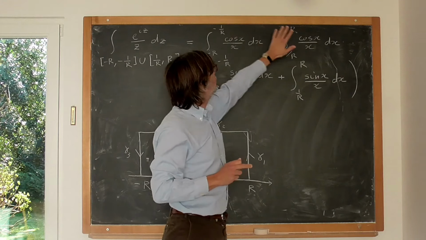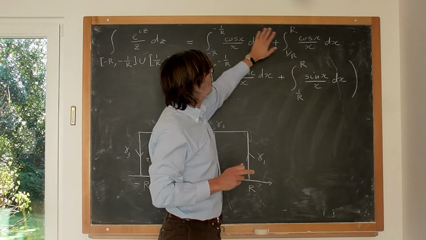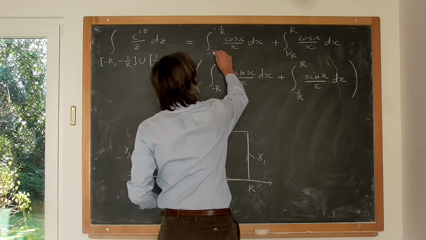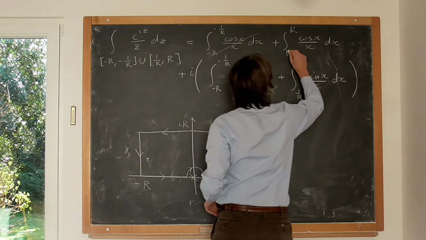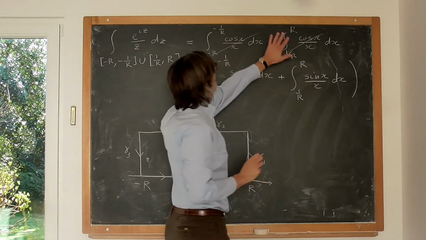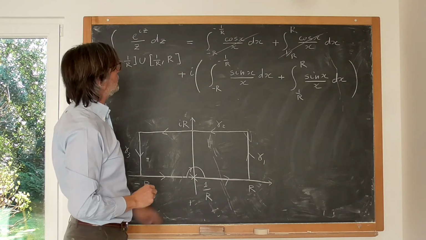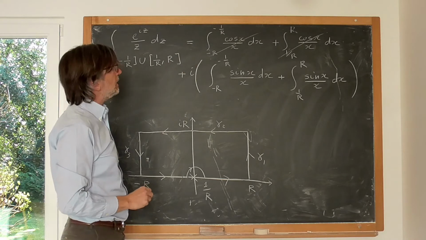So these two integrals are, one is minus the other, so they cancel out. So for every r, these two terms are opposite, so the sum is 0.